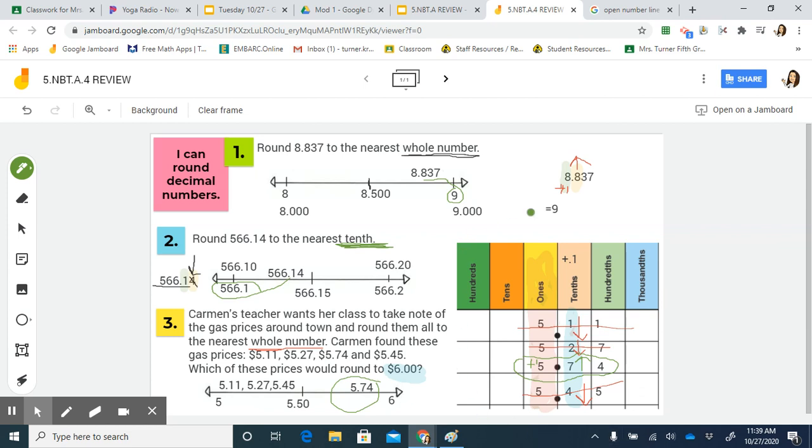Definitely making sure that you're utilizing our place value chart. It matters a lot. Showing me that you know that good problem solvers underline or highlight the important words and numbers in our problem so that we can be successful in answering the problem correctly.